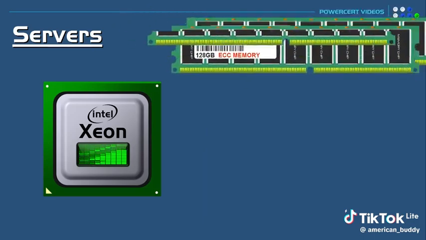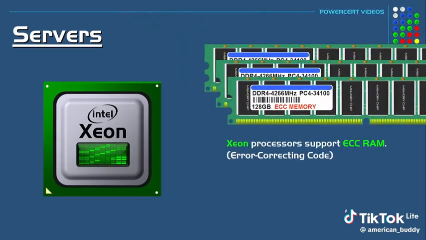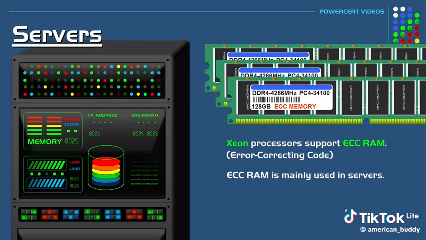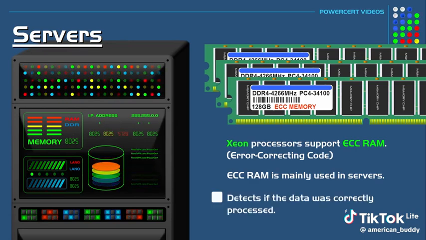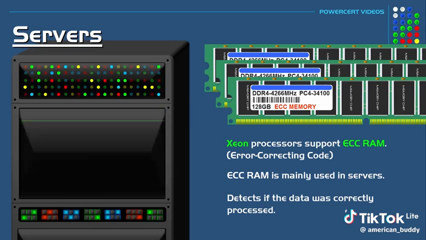Another difference is that Xeon processors support ECC RAM, which is error correcting code memory. This type of memory is mainly used in servers. Servers need to be up and running at all times, and memory errors could bring down a server. What ECC does is detect if the data was correctly processed by the RAM module, and it makes a correction if it needs to, to prevent memory errors.